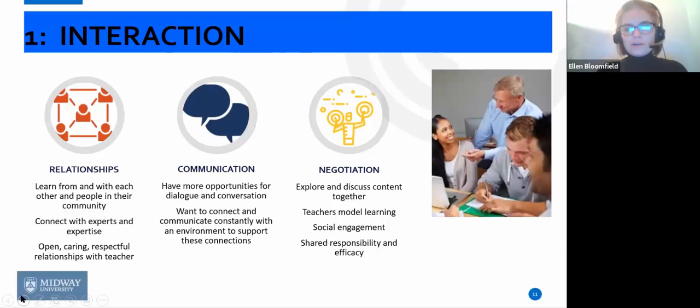Especially our younger students, they are intensely social and interactive learners. I mean, you can see them interacting from their walk from one class to another. They got that phone right there. The research repeatedly showed that students want stronger relationships with teachers, with each other, and with their communities.